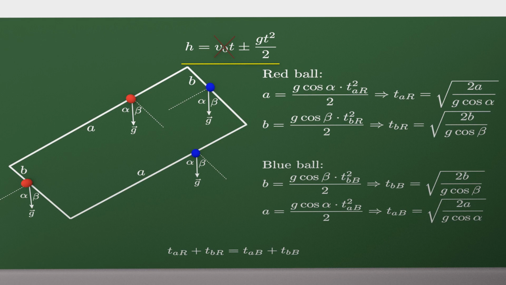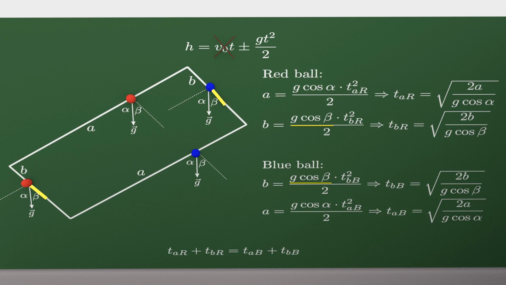The other thing is that the only acceleration acting on the particles is the projection of the acceleration g on the lengths A and B. So from case to case, the acceleration can be g cosine alpha or g cosine beta.